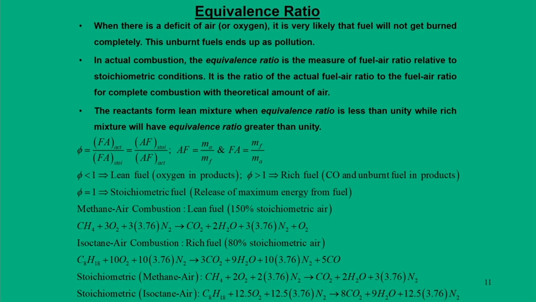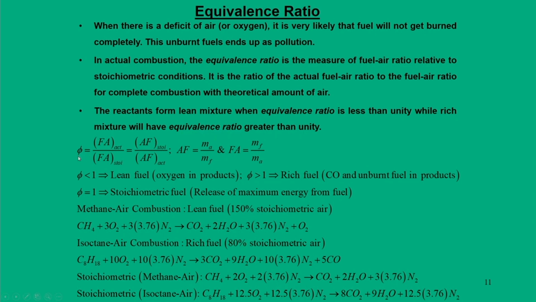To define these non-stoichiometric situations, the equivalence ratio is chosen as one of the non-dimensional parameters. Its main advantage is that it says whether a mixture is rich in fuel or lean in fuel. The reactants form a lean mixture when the equivalence ratio is less than unity, and a rich mixture when the equivalence ratio is greater than unity.